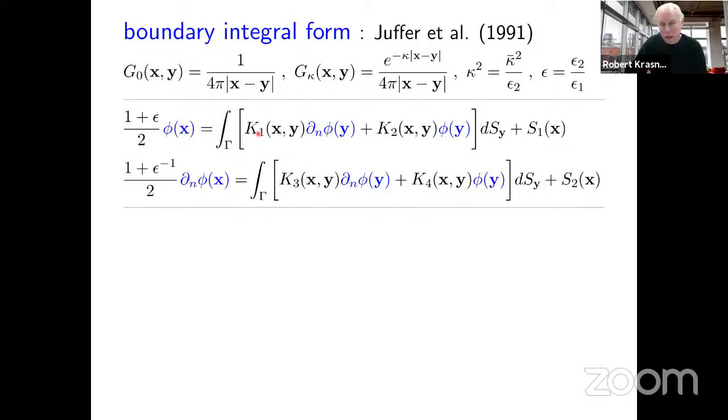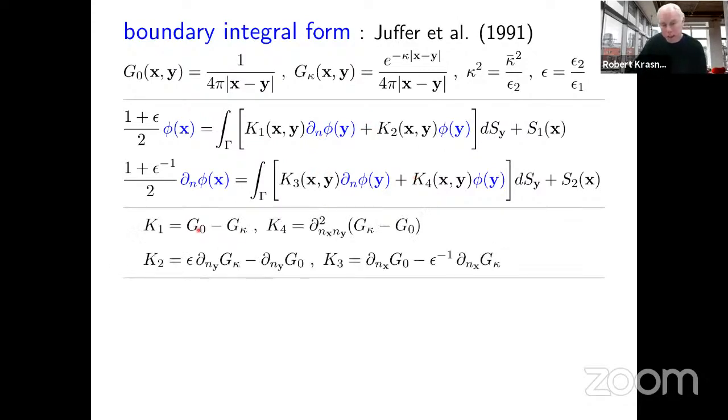And we have kernels, K1, 2, 3, and 4. In this formulation, these kernels are given in terms of G0 and G kappa. K1 is the difference. K2 and K3 are differences of first normal derivatives, and K4 is a difference of second normal derivatives. But the important property of this formulation was that you have G kappa minus G0 here.